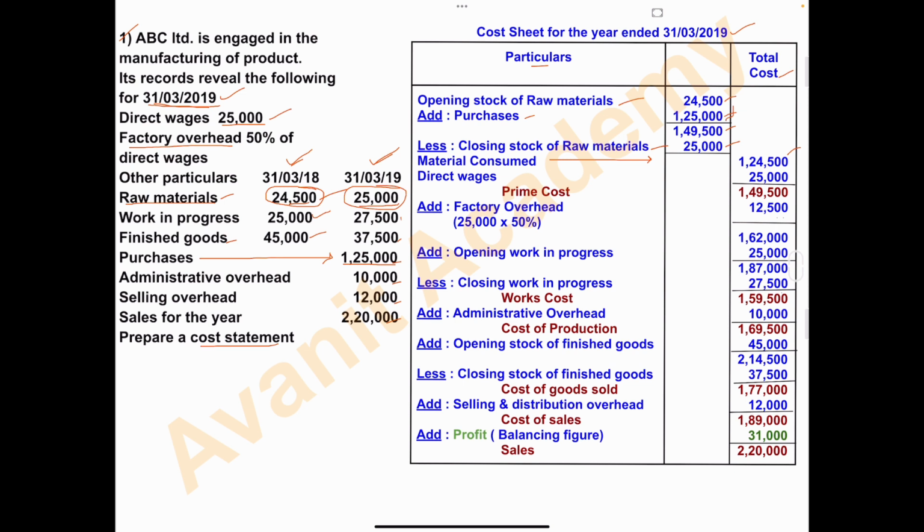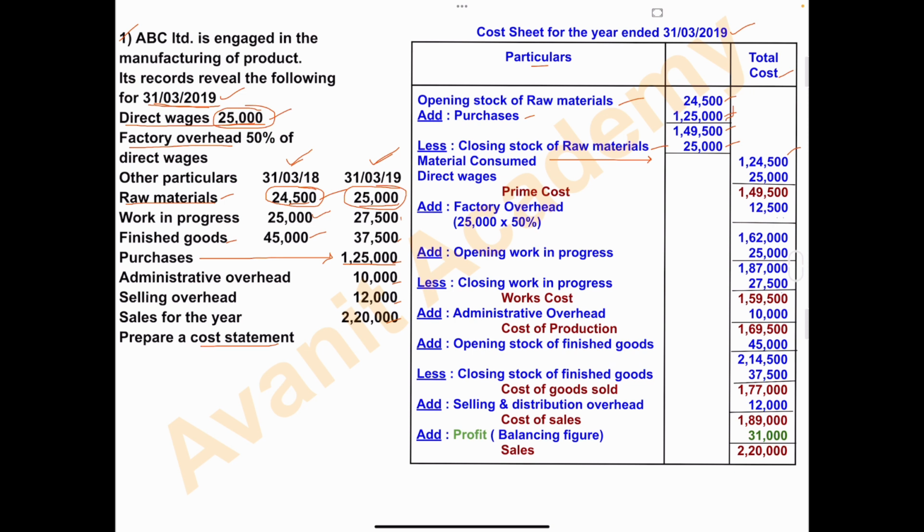Is this part clear? Next, we have to take direct expenses: direct wages, direct labor, direct expenses, after material consumed. In this problem, we have got direct wages. Direct wages amount is 25,000.